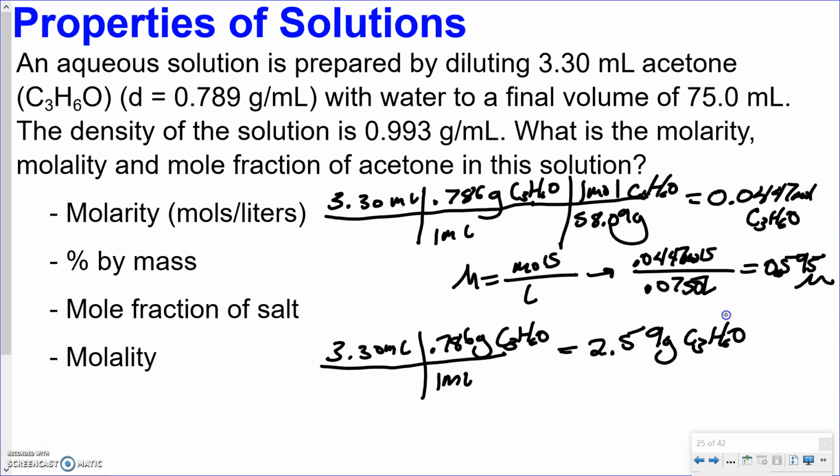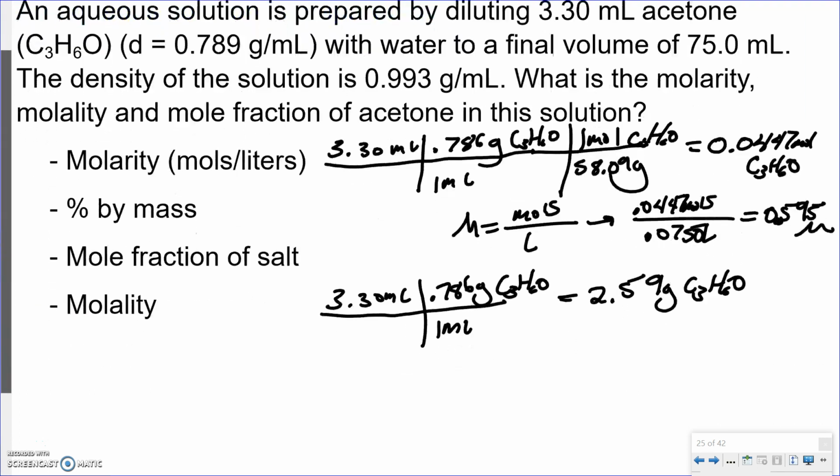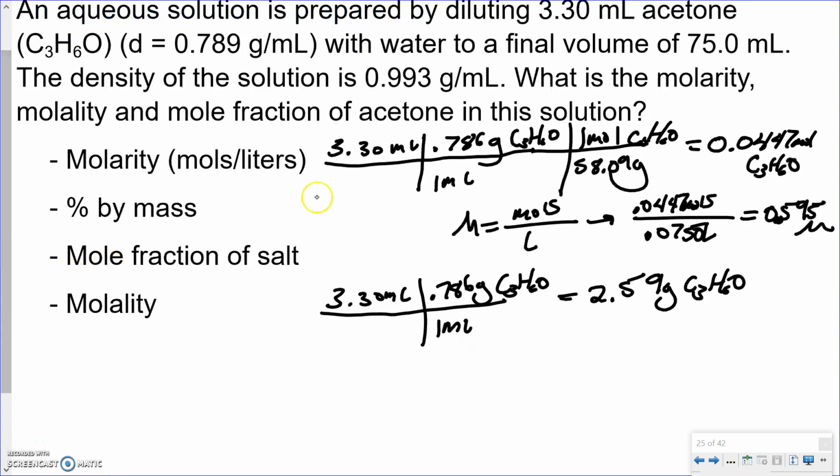We're going to do the same thing with the water. Okay, and this is going to be a little bit more challenging. And in reality, it's not going to be too bad, because for percent by mass, we're looking for the total mass of the solution anyways, and we're given the total volume of the solution, so we can work it out the same way we just did, using the density of the solution instead, so the 0.993 grams per milliliter.